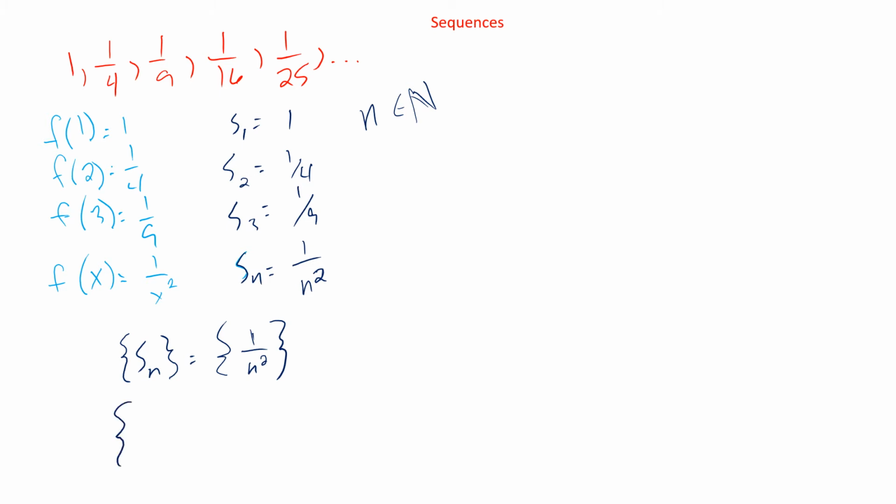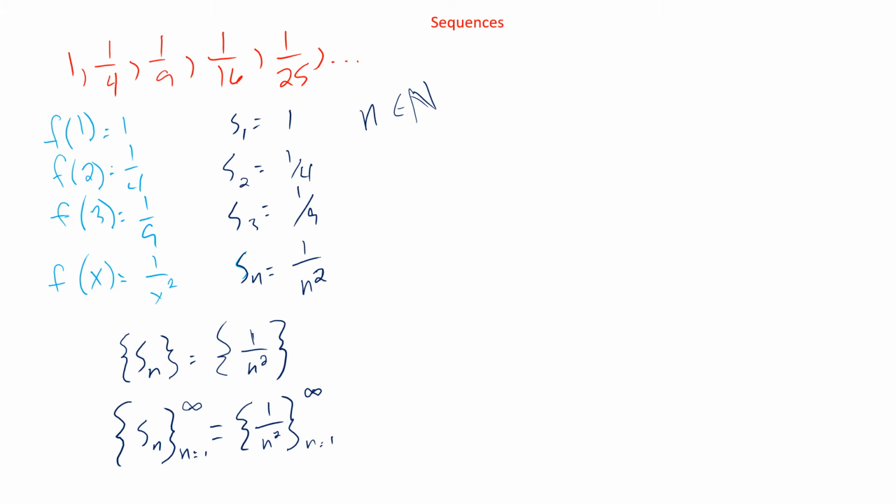So this would be Sn from n equals 1 to infinity, which is what it is if you don't specify anything. But this means we could say Sn from 1 to 5. It means we wanted the first 5 terms. But this would go right over to here too. 1 over n squared, n equals 1 to infinity.